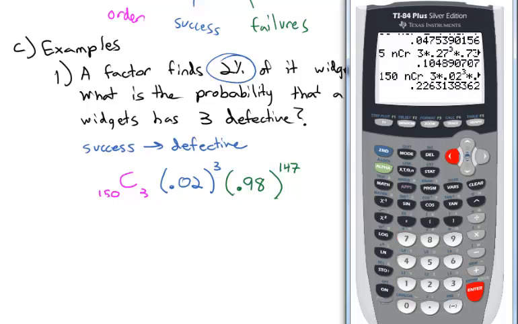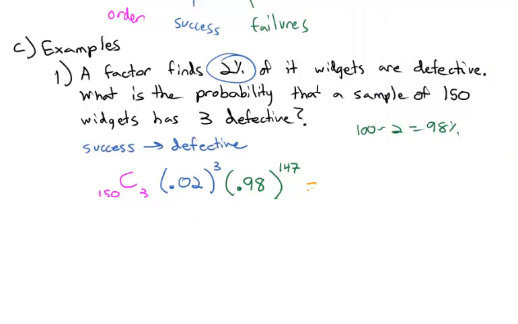Enter. And we see we have a probability of 0.2263. Almost a 23% probability that 3 of the 150 will be defective.